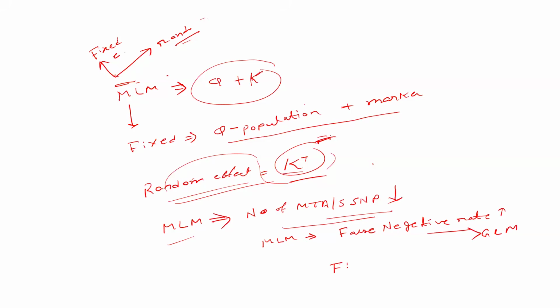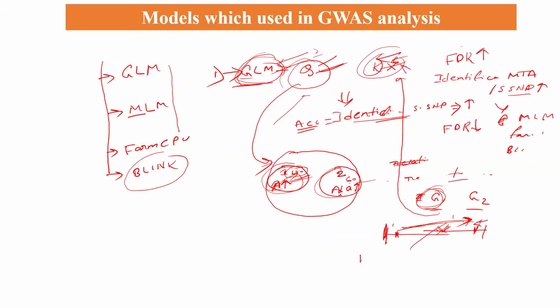But false negative, not false discovery rate, but false positive rate is less than GLM. In GLM, the false positive rate is very high as compared to other models. Okay.